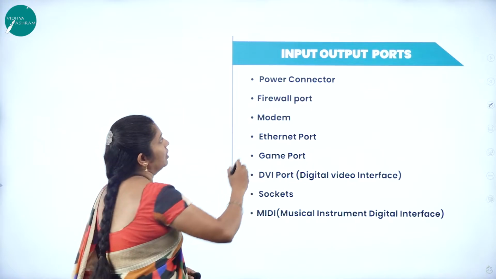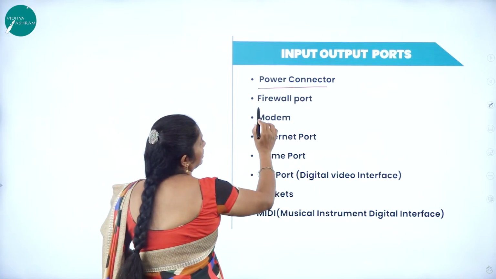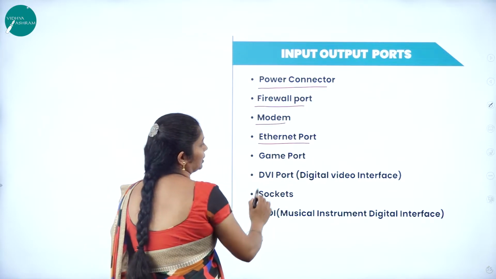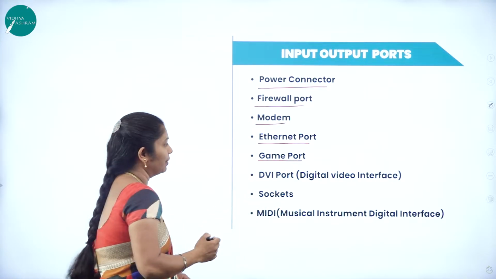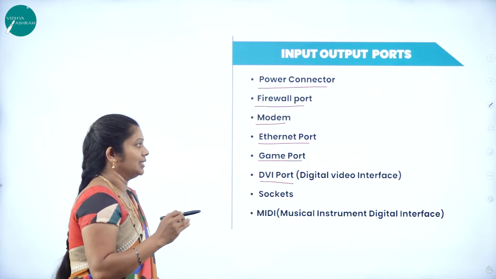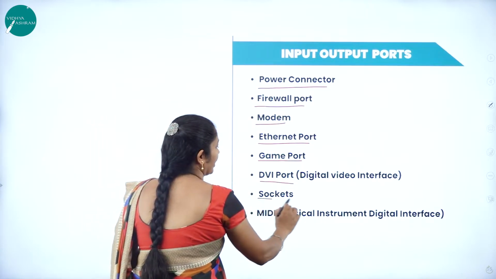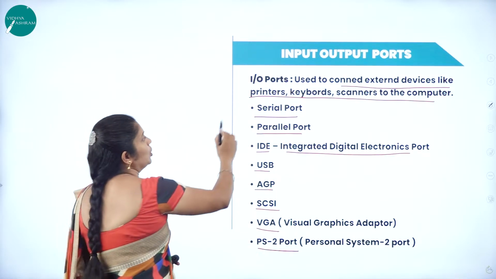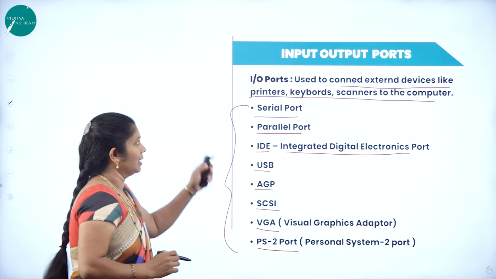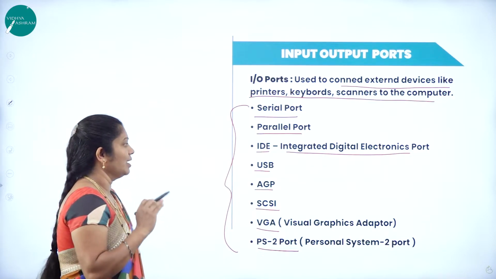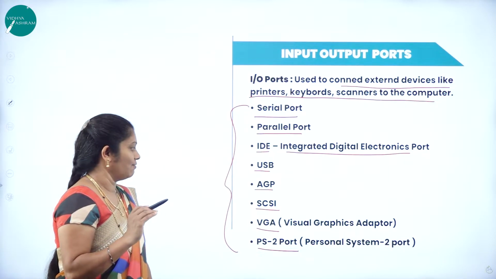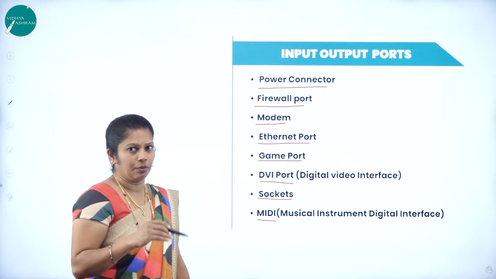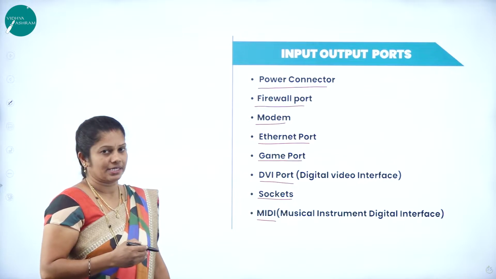With that you have power connector, firewall port, modem, Ethernet port, game port for gaming purpose, DVI port, that is digital video interface port, sockets as well as MIDI port. These are the several types of ports in the motherboard we are using. Now, one by one we'll discuss.